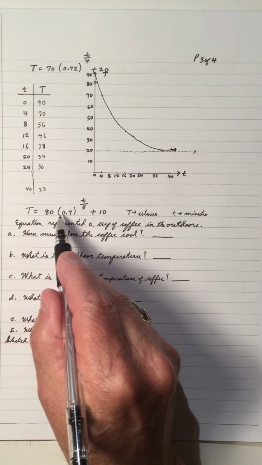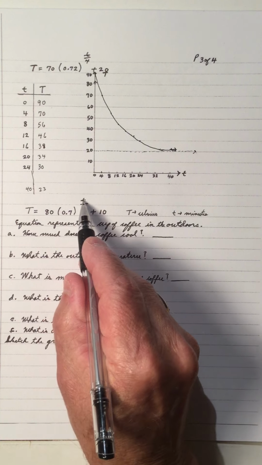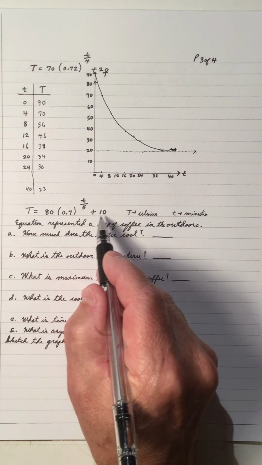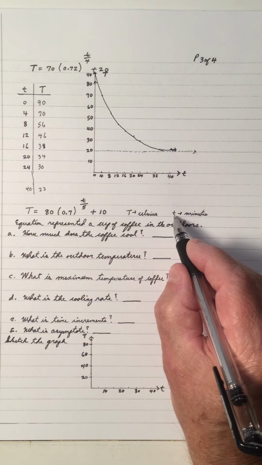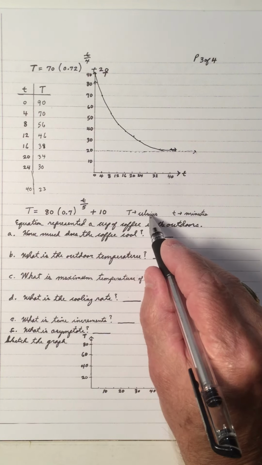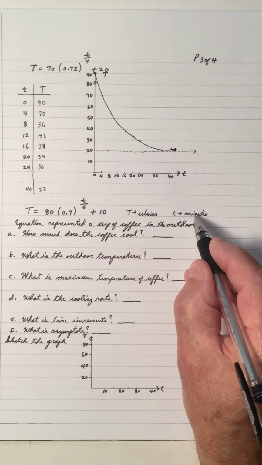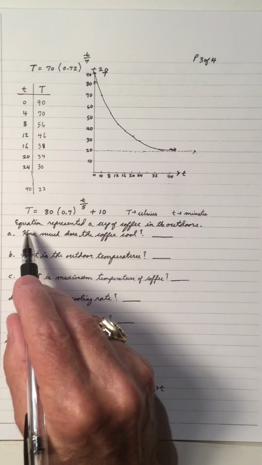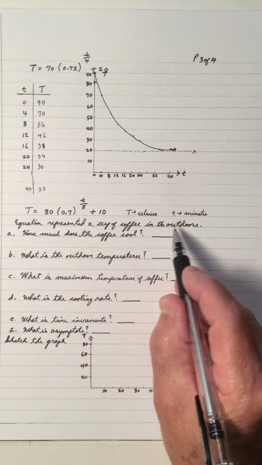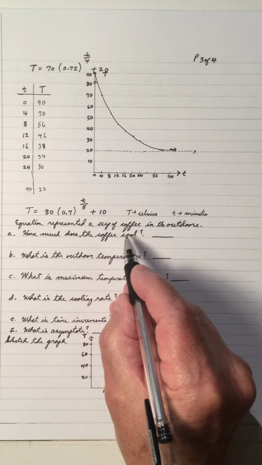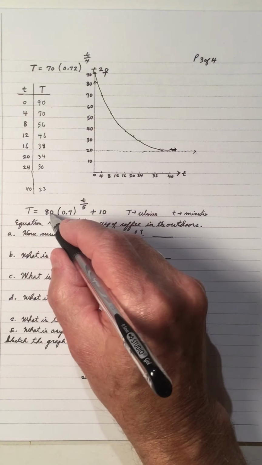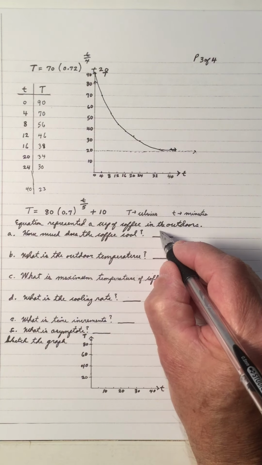Let's look at another equation. T equals 80 times 0.7 raised to the t over 5 plus 10. The big T is temperature in Celsius, and small t is time in minutes. The equation represents a cup of coffee in the outdoors. How much does the coffee cool? Well, the coffee cools 80 degrees.